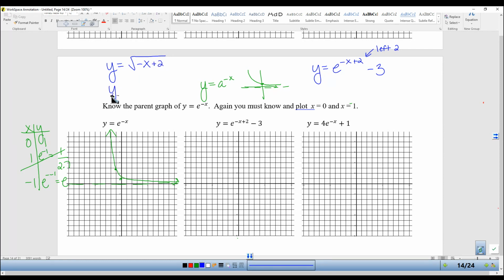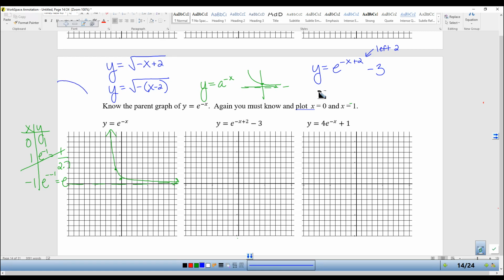And I explained then that because that negative affects everything, you have to think of it as negative whatever's in here. So it's actually negative x minus 2. That's what's going to make it come down, or in the case of a square root, go backwards.